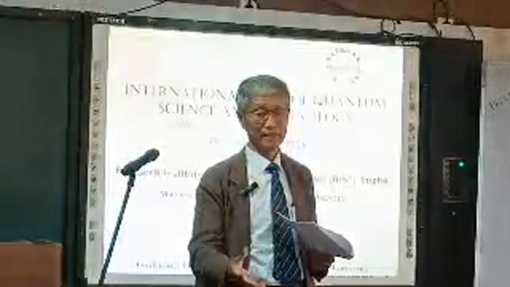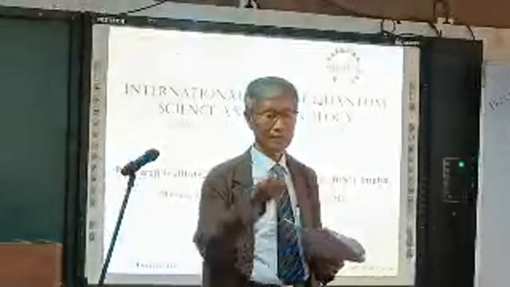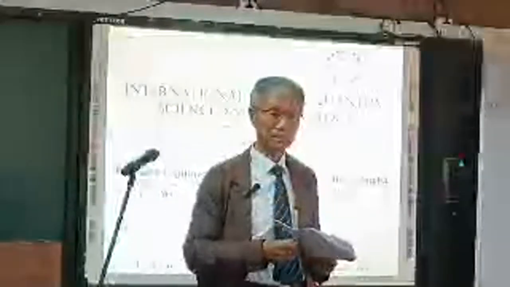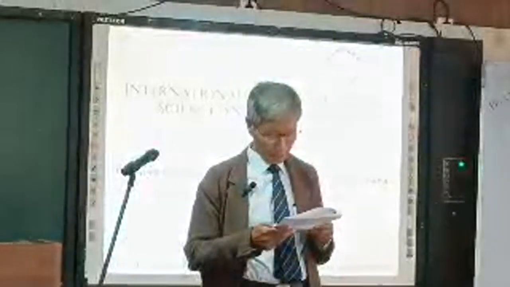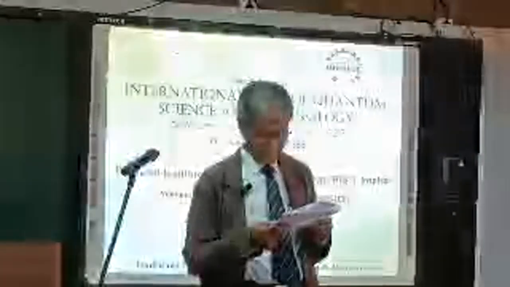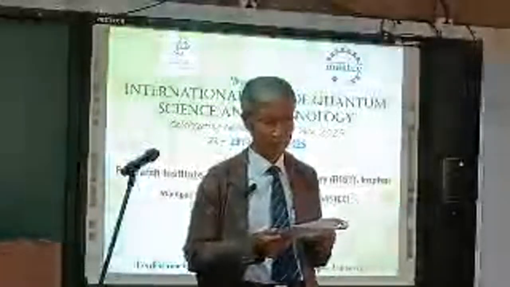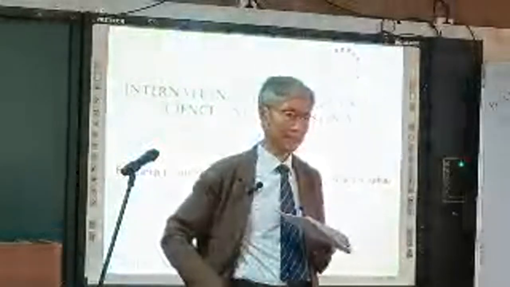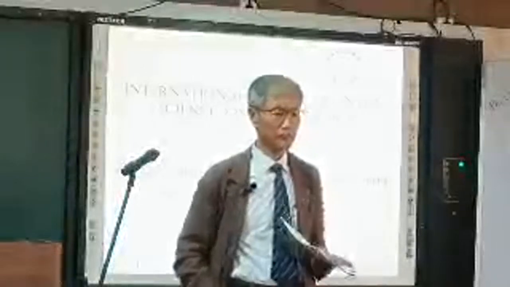Von Neumann proved that hidden variable theory is impossible, and the lady mathematician pointed out the flaws in his argument, and nobody took it seriously. Even then, in 1951-52, David Bohm published a non-local hidden variable theory of quantum mechanics in 1952.